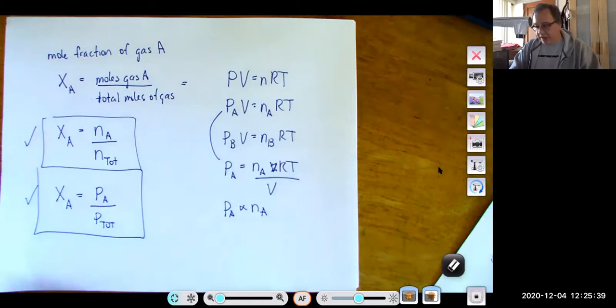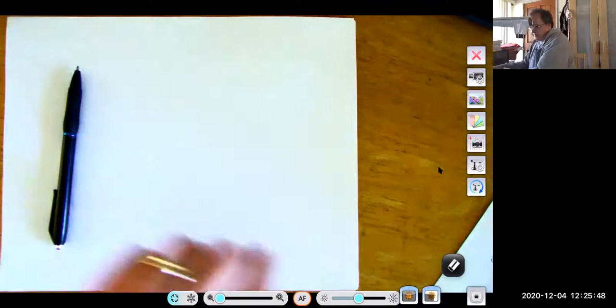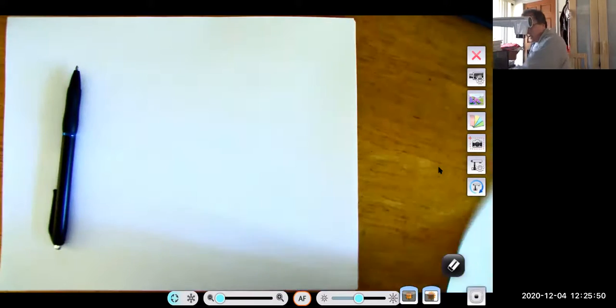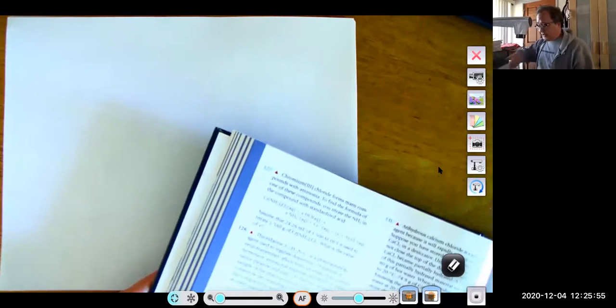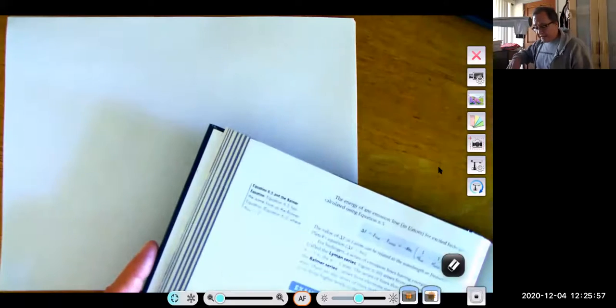Okay, let's take a look at a problem based on mole fraction of gas A. So I'm going to take one out of the book, and I'm going to pick one at random. Let's see, this is chapter 9, I think.